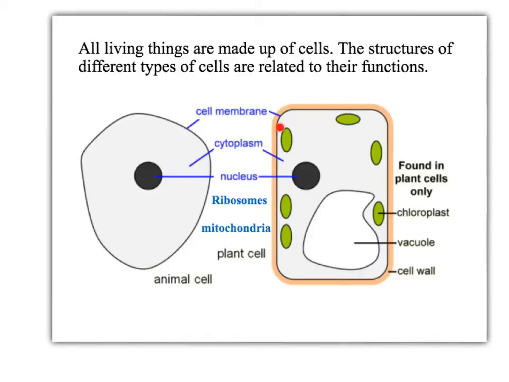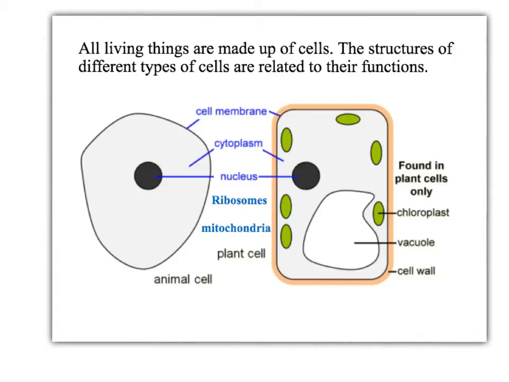So they both have a cell membrane, a cytoplasm, a nucleus, ribosomes and mitochondria. Now you can also see that they also have things that they don't have in common. So for example, the chloroplast, the vacuole and the cell wall are all organelles that are only found in plant cells.